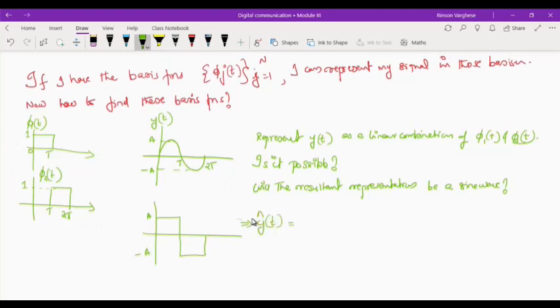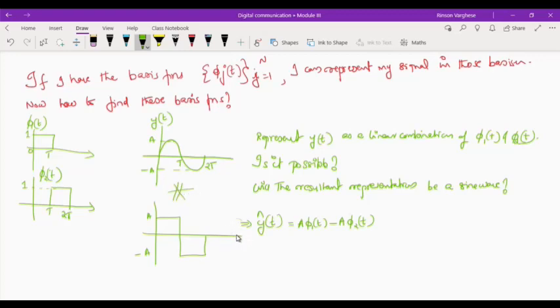I represent this by y cap because it is not exactly y of t. y of t is a sine wave, but what we have obtained here is a square wave. y cap of t is nothing but A times phi 1 of t minus A times phi 2 of t. What you have done is multiplied phi 1 with A, multiplied phi 2 with minus A, and added them together to form the signal. And this is not a sine wave.